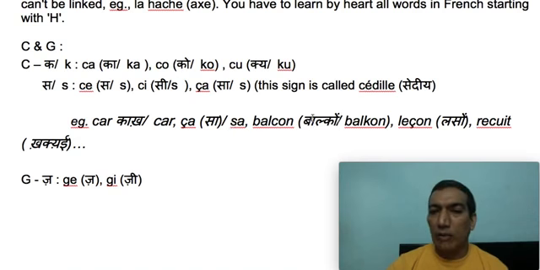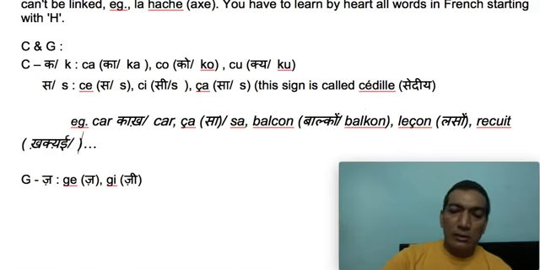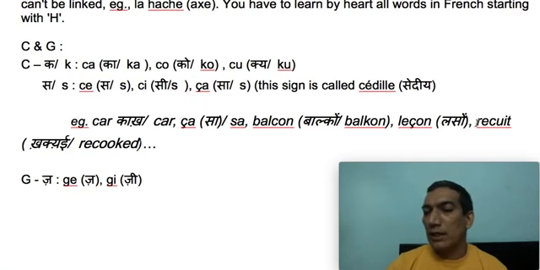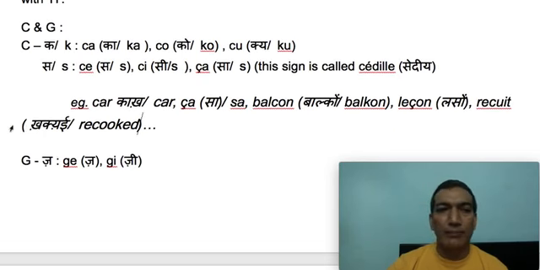Balcon, which is the word for balcony in French. Leçon, you see, it is not pronounced le-con but leçon, because there is a cédille below C. So leçon, which means lesson. Reçuit, which means recooked. As we have just learned, it is pronounced as reçuit, and T is silent.